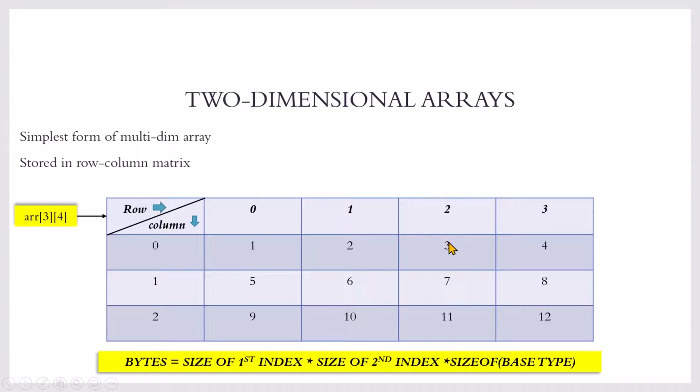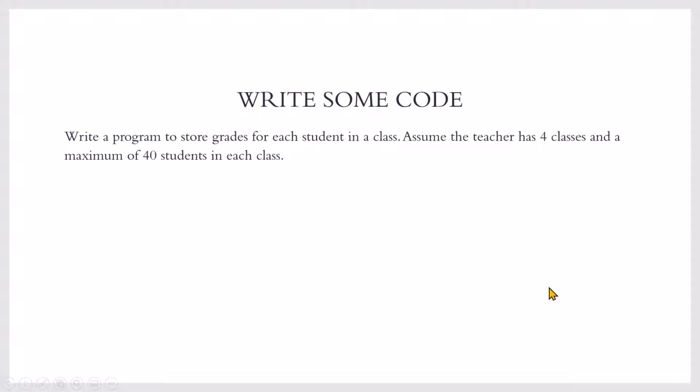If I have to access this value, it would be row 0, column 2. And then row 0, column 3 would access this value. Similarly, in the second row, row 1, column 0 would access 5, row 1, column 1 would access 6, row 1, column 2 would access 7, row 1, column 3 would access 8. Right, so I hope you get the idea.